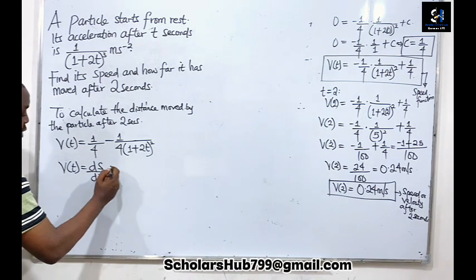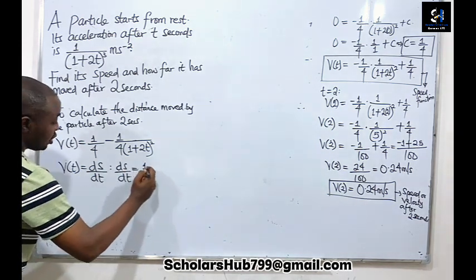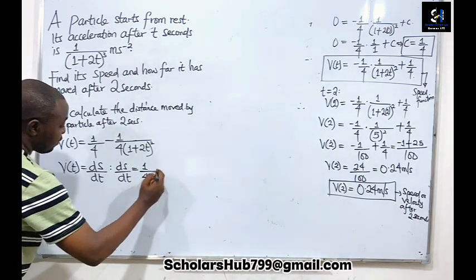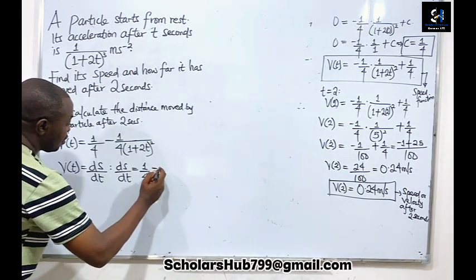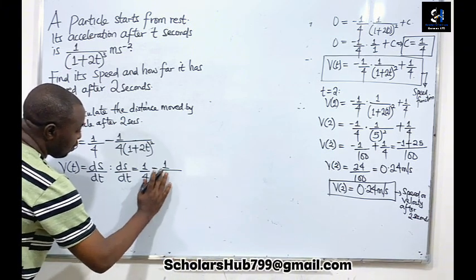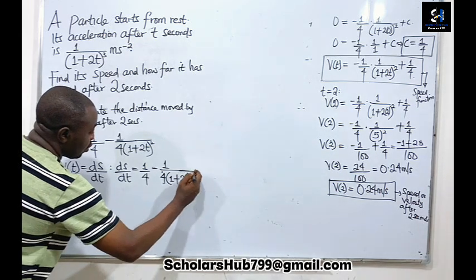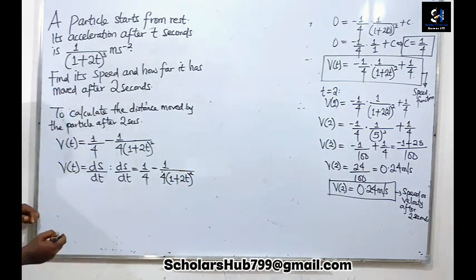So which means the first derivative of distance with respect to time will be equal to 1/4 minus 1/4 (1 + 2t)^2.